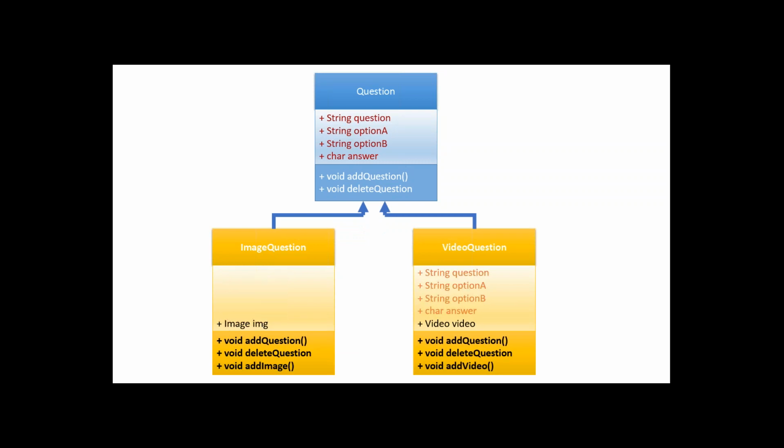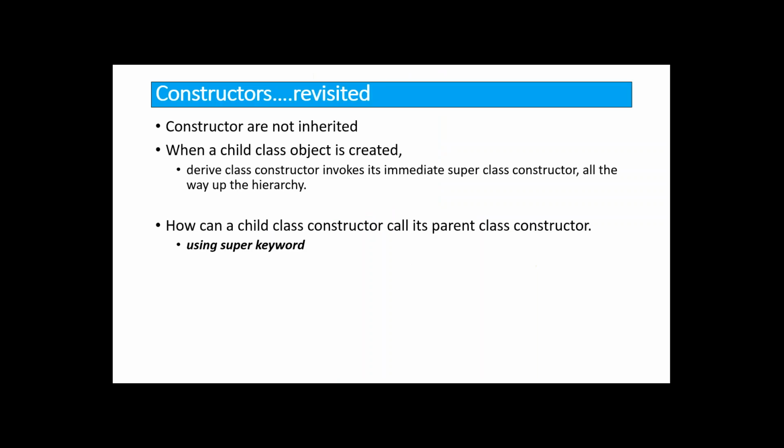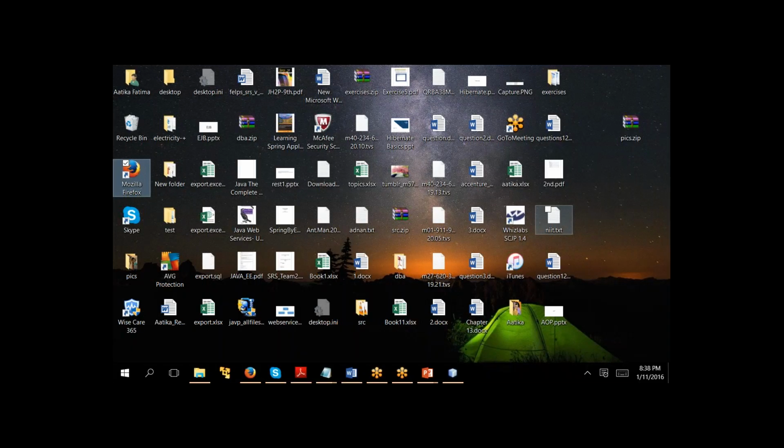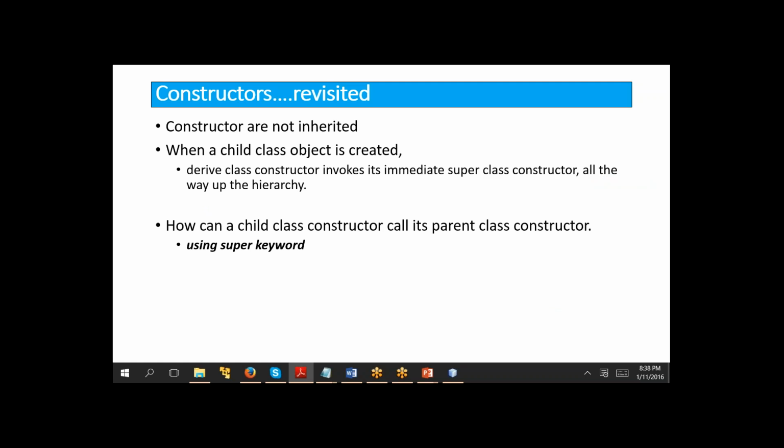So whatever is the common feature, that is question, option A, option B, and the answer, we are just removing it. We are keeping the additional features. Because when you say image question, it inherits from the question class. It is inheriting all the non-private data from the parent class. I'll be discussing a few examples.